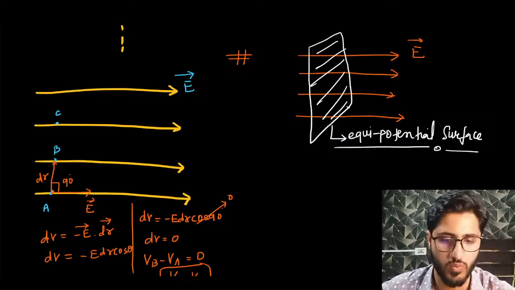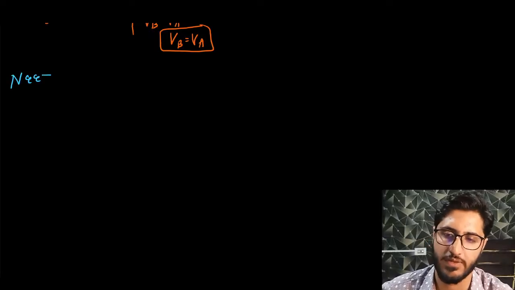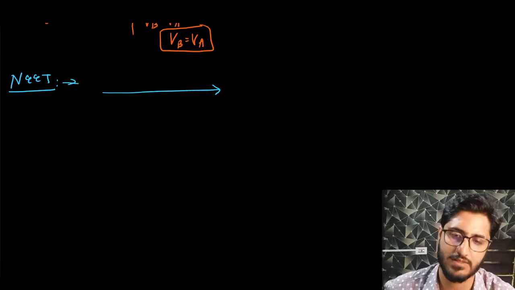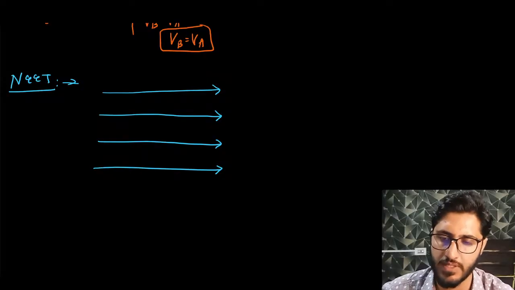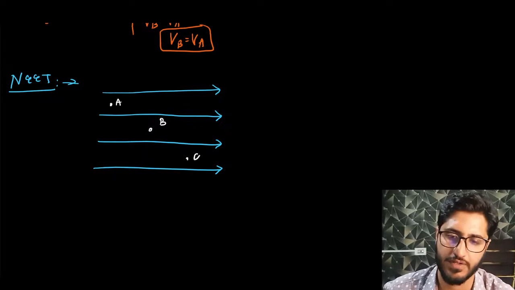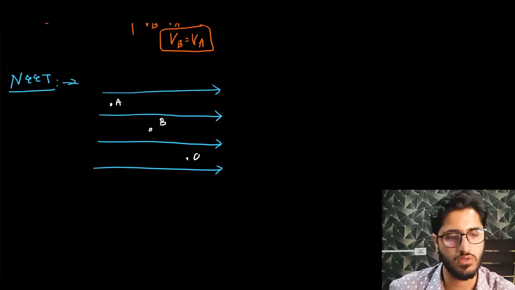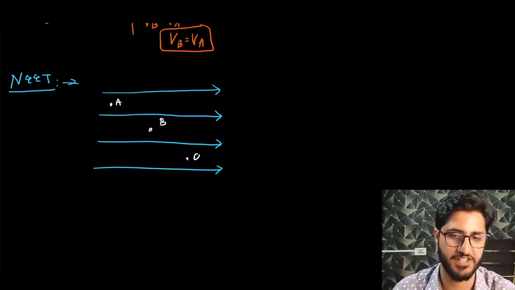Easy. Let's do one more numerical, which was asked in NEET. Let us do a NEET PYQ. We have electric field lines going in this way. Here is my point A, this is point B and point C. We have to mark the potential relation between them.